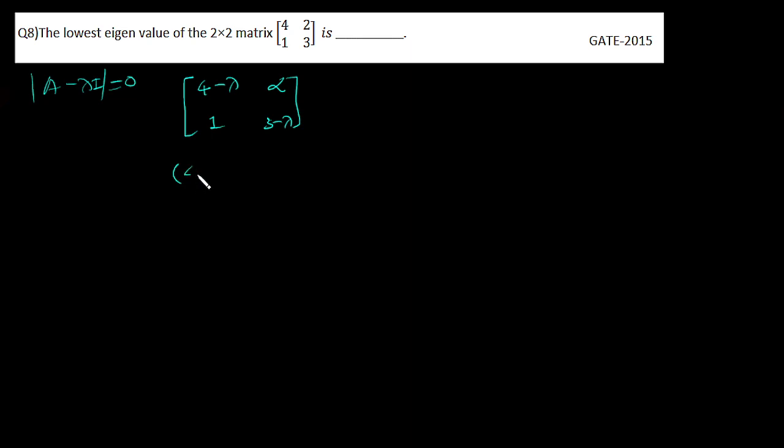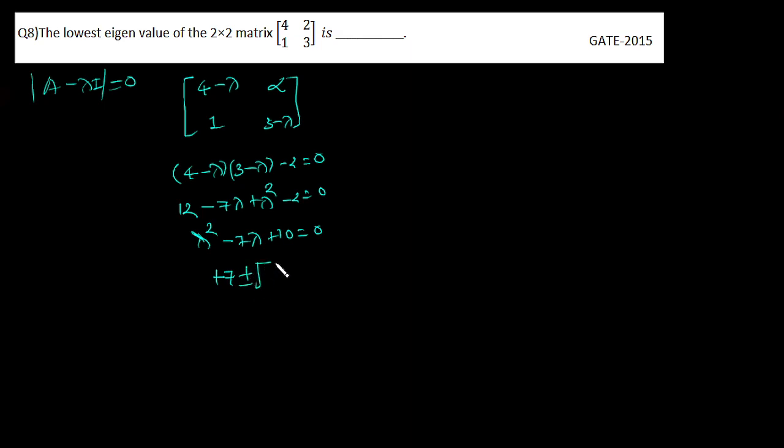So what we are getting is simply (4 minus lambda) multiplied by (3 minus lambda) minus 2 equal to 0. Now let's do the multiplication. Here we are getting 12 minus 3 lambda minus 4 lambda, that is minus 7 lambda, plus lambda square minus 2 equal to 0. Now you can rearrange: lambda square minus 7 lambda plus 10 equal to 0. Let's solve for lambda using the quadratic formula. We get lambda equals 7 plus or minus the square root of b square minus 4ac.